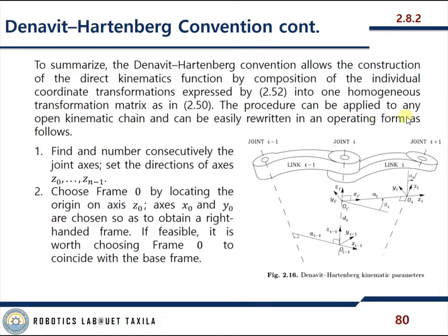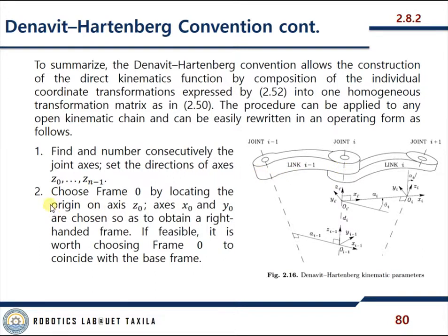The procedure can be applied to any open kinematic chain and can be easily rewritten in an operating form as follows. First of all, find and number consecutively the joint axes. Set the direction of axes from z0 to zn minus 1. So if you choose this one as z0, then you choose this as zn minus 1, and so on.